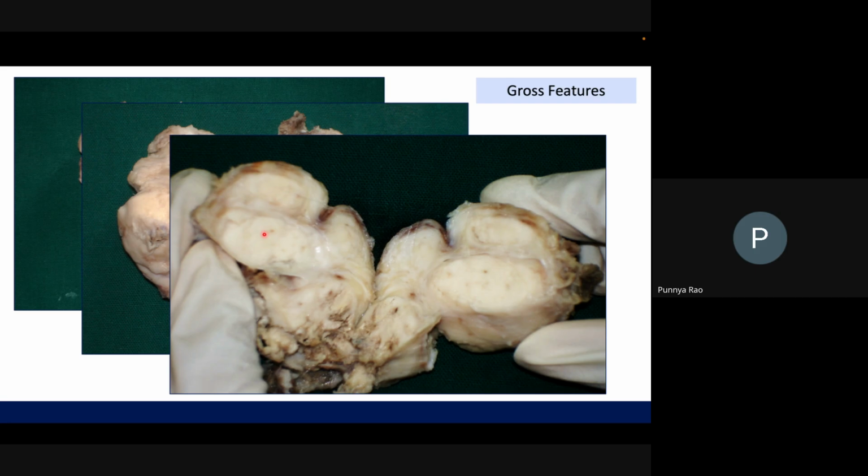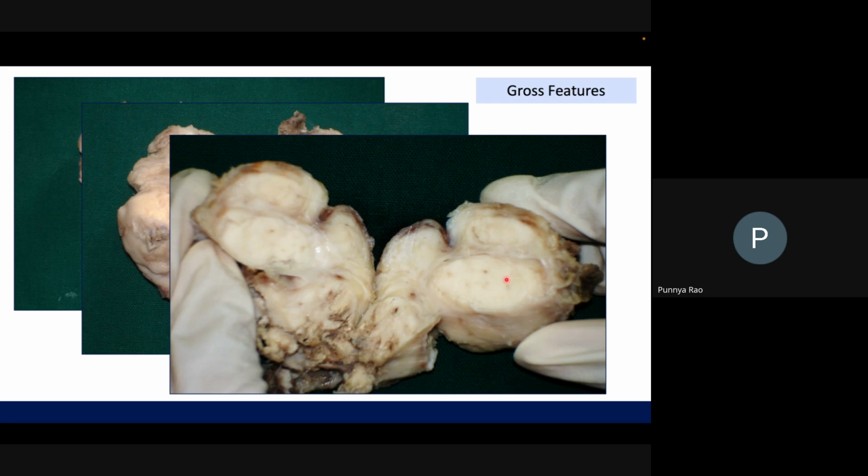What I need you to focus on here is that it is solid. You have a lot of cystic spaces which you can see under the microscope, but you cannot see them grossly. That means they are all microcysts, seen only under the microscope, or they are pseudocysts, in the sense that there is no actual cavitation happening here. It's just the appearance of a hole within a sheet of cells.